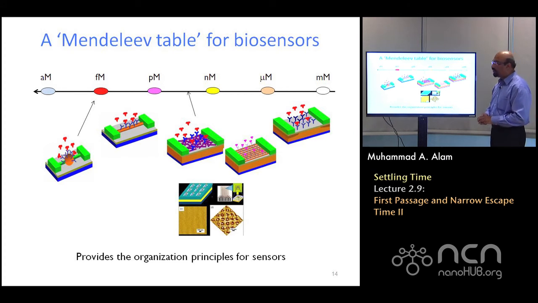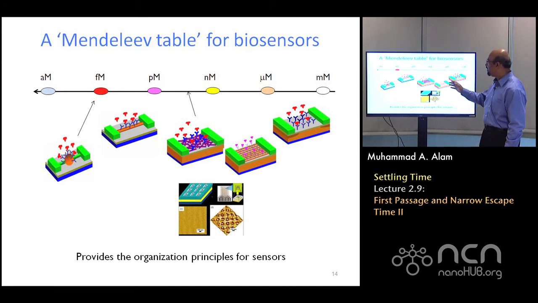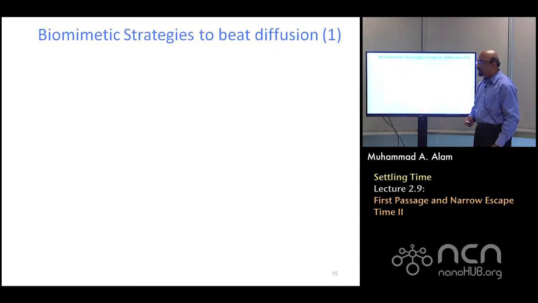So this organization, this way of viewing things, allowed us to organize the sensors that we have seen, and that has been very helpful in terms of understanding why one type of sensor is far more sensitive than the other. Now then, I had these 4 strategies of beating the diffusion limit.